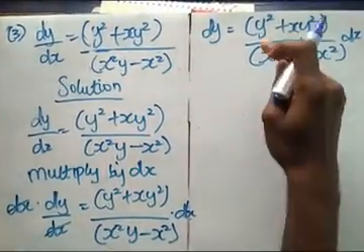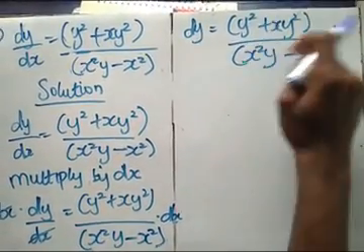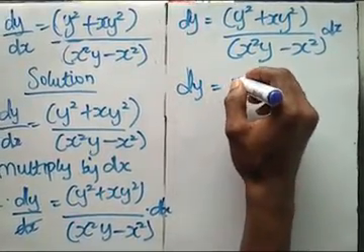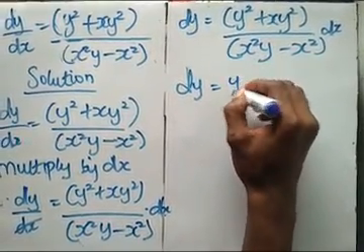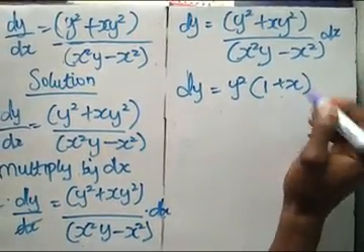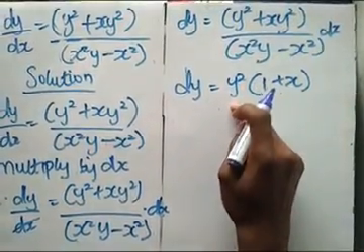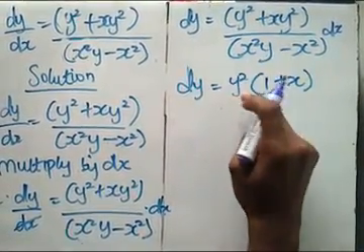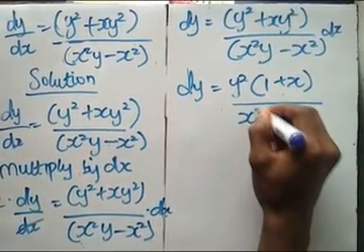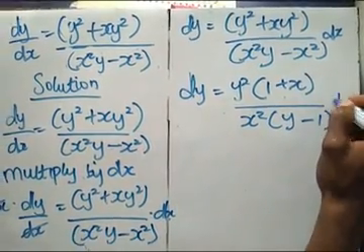So you can see that both the function of y and the function of x are in one place, so we need to factor out the y squared and factor out the x squared. It will be y squared (1 plus x) over x squared (y minus 1) dx.